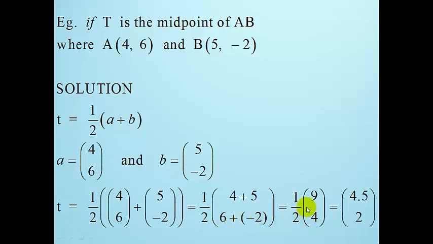So we have half of (9, 4). And half of 9 equals 4.5, and half of 4 equals 2. That means that the position vector of the midpoint, that is t, is equal to (4.5, 2), where 4.5 is the x-coordinate of the midpoint and 2 is the y-coordinate of the midpoint.